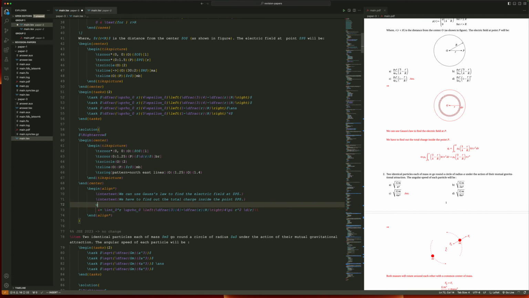So let's say Q_i, that means Q enclosed, is equal to the integral from 0 to r. Yes, 0, and then we can put small r, and from that rho times dV.